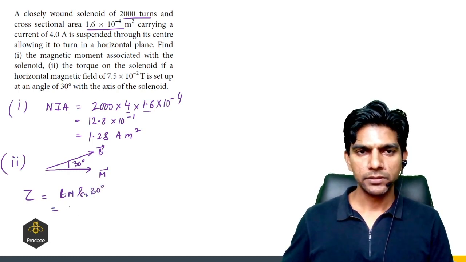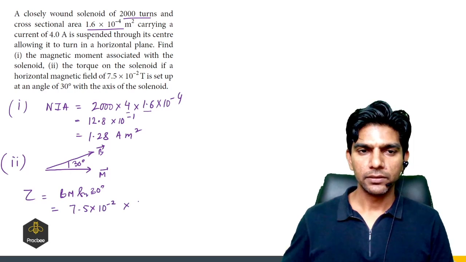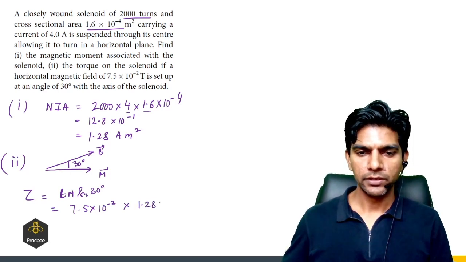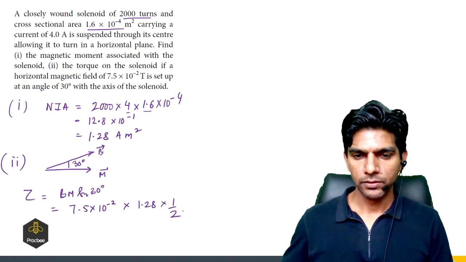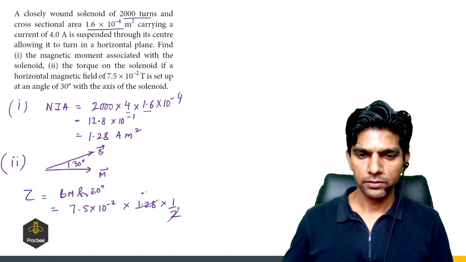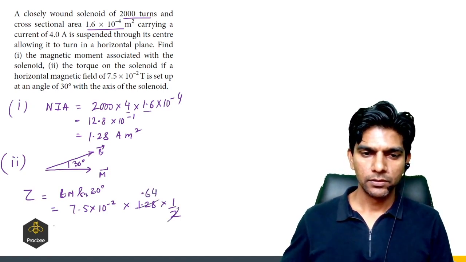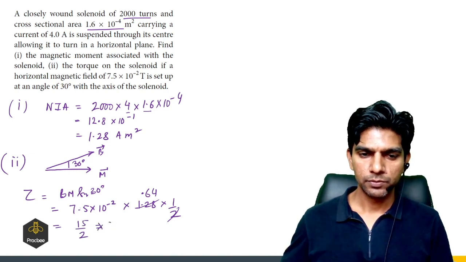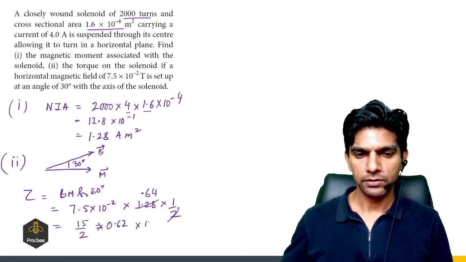Now we have to find the torque, and torque will be MB sine theta, sine 30. So B is 7.5 into 10 raised to power minus 2, and the magnetic dipole moment is 1.28 times sine 30, which is 1 by 2. So this will be 0.64, and this can be written as 15 by 2 times 0.64 times 10 raised to power minus 2.